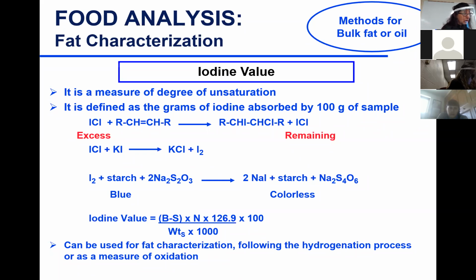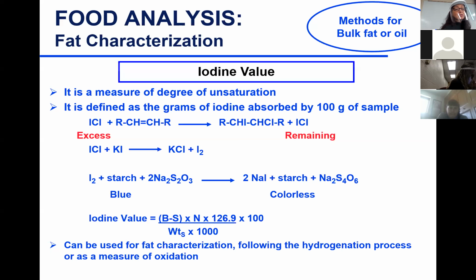You're going to do a lot of calculations in the lab, and once you do the calculation, it will stick. It's the grams of iodine absorbed by 100 grams of sample. So here's the reaction. You do not need to remember the structures, but you really need to remember the chemistry of what's happening. Sometimes I ask you to tell me the chemical reaction, but you don't have to remember the structure.